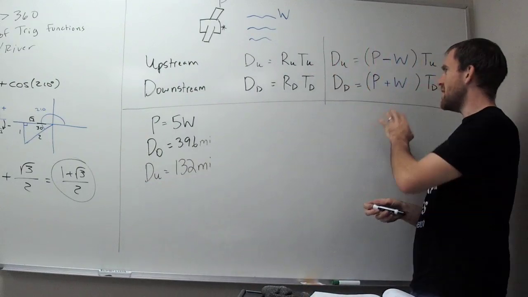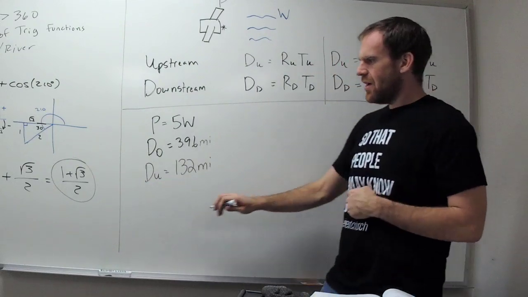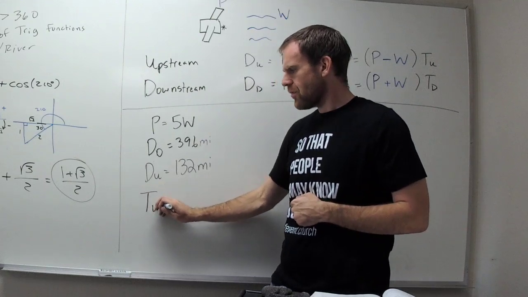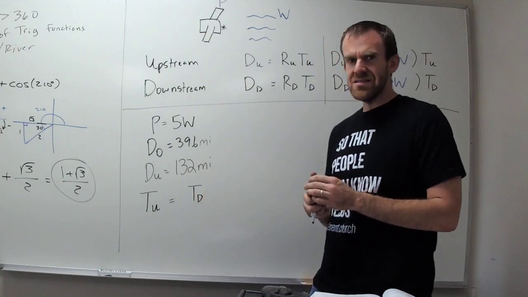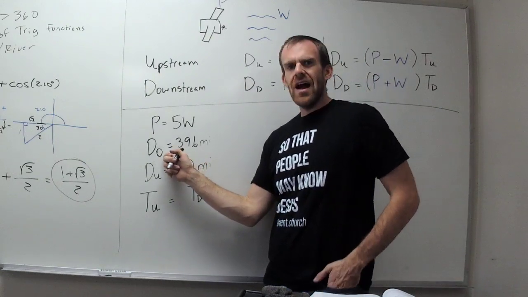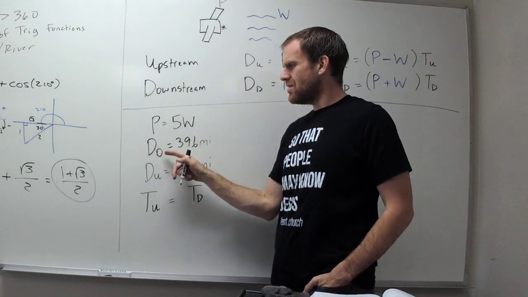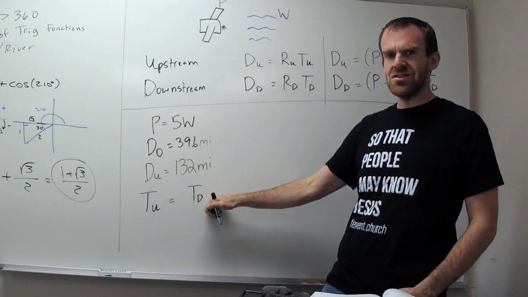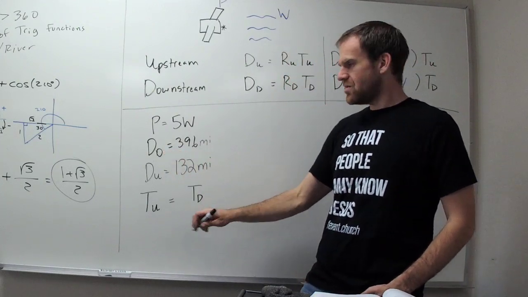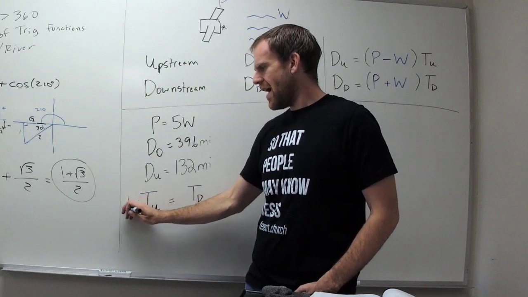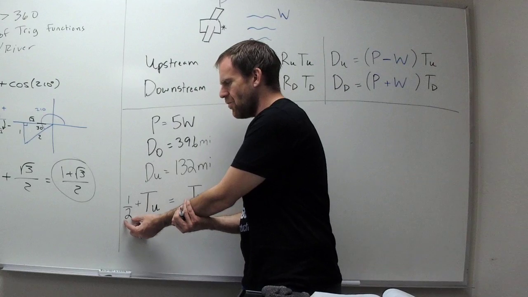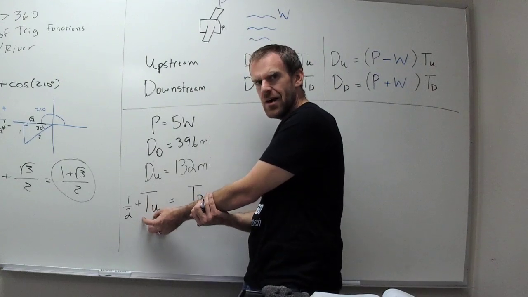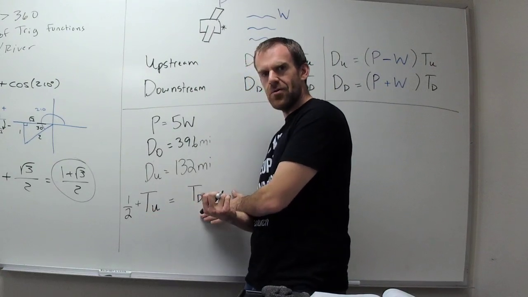So that's information about the times. If they were equal, TU would equal TD. But this time, it took her a 1/2 hour more to go downwind. So TD should be bigger. So I'm going to add 1/2 to TU. This tells me that I spent 1/2 hour more than the upwind time going downwind.